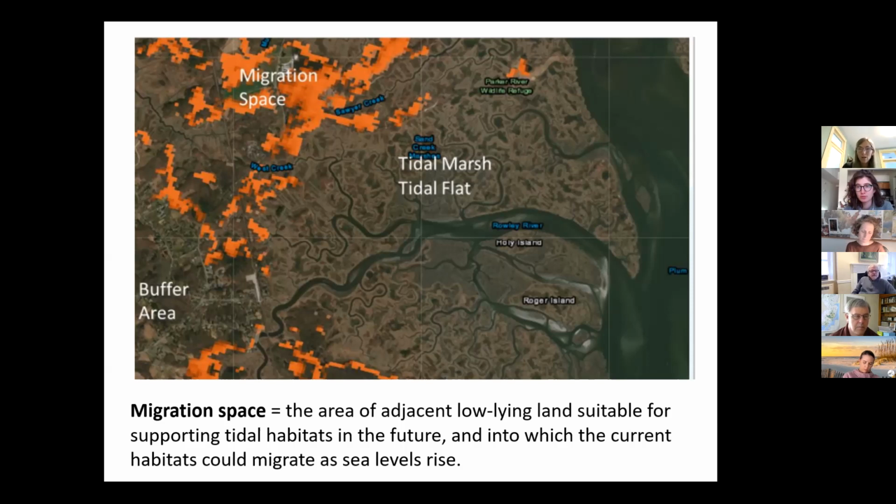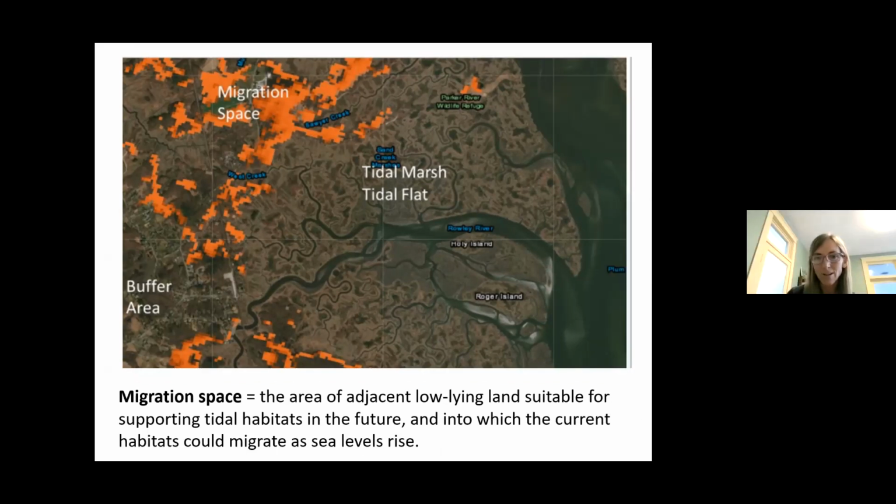So again, that marsh migration space that we see in orange is that area of low-lying suitable habitat that is likely to accommodate tidal habitats into the future.